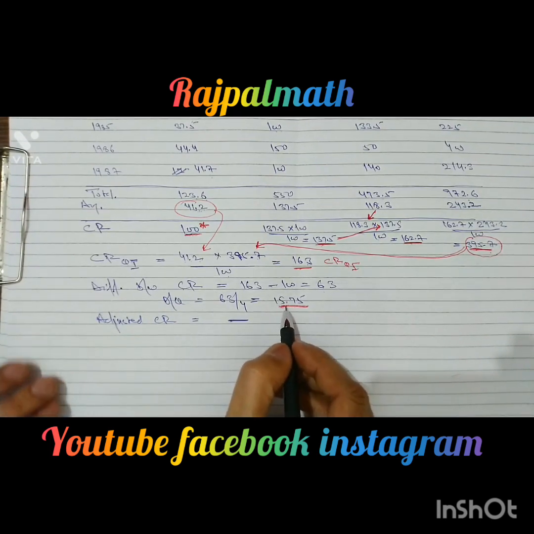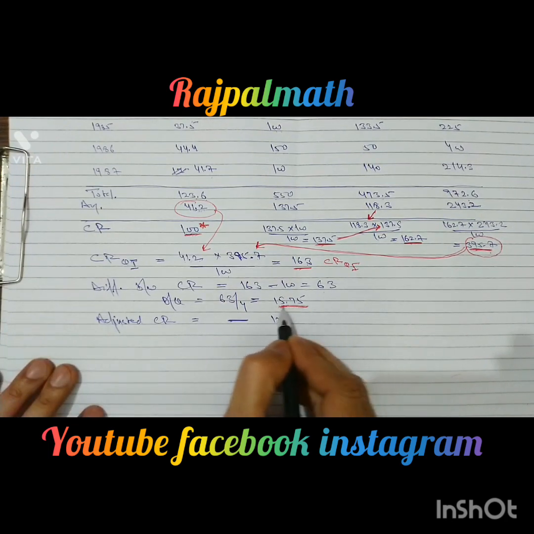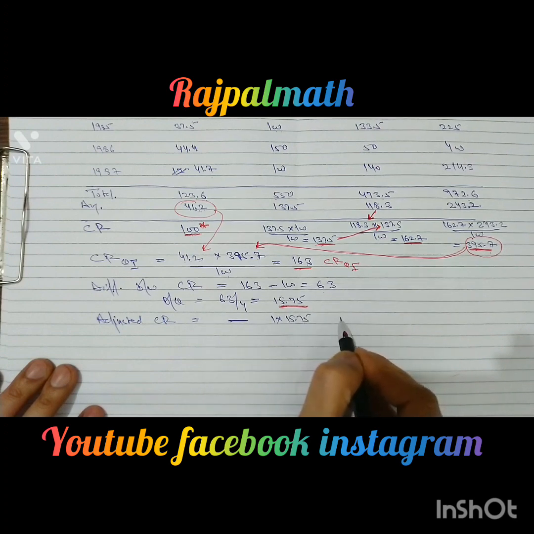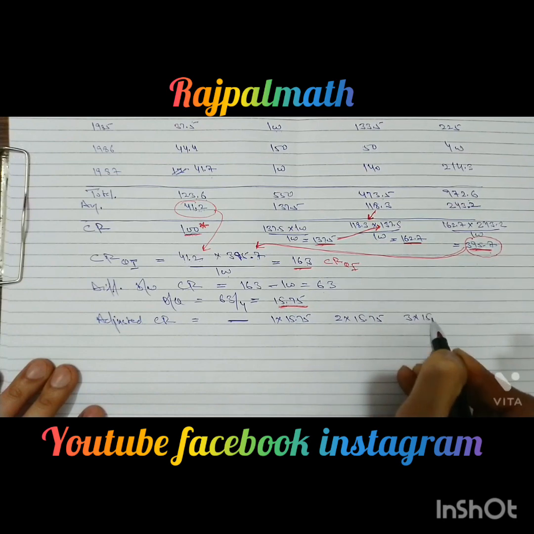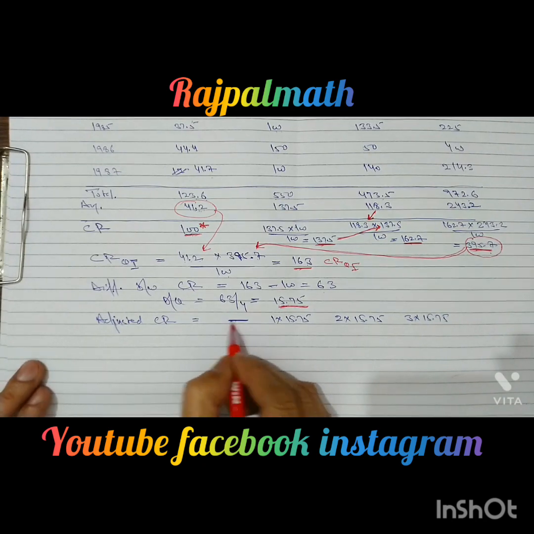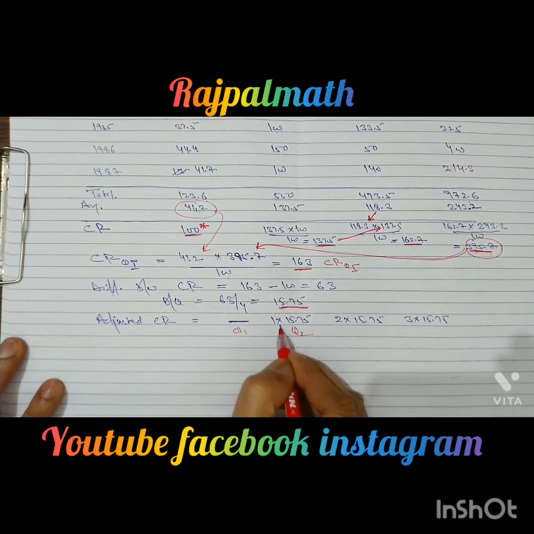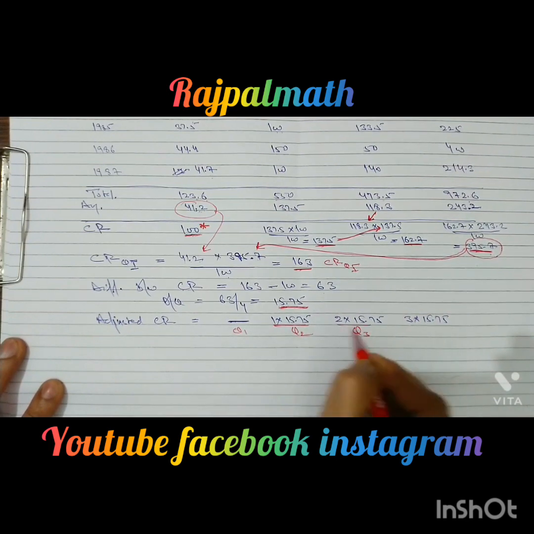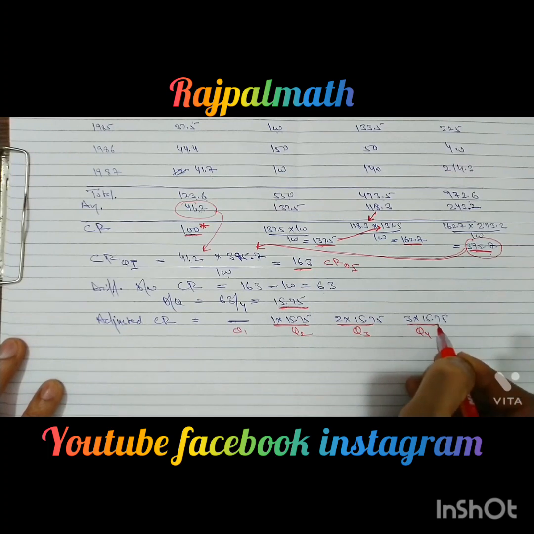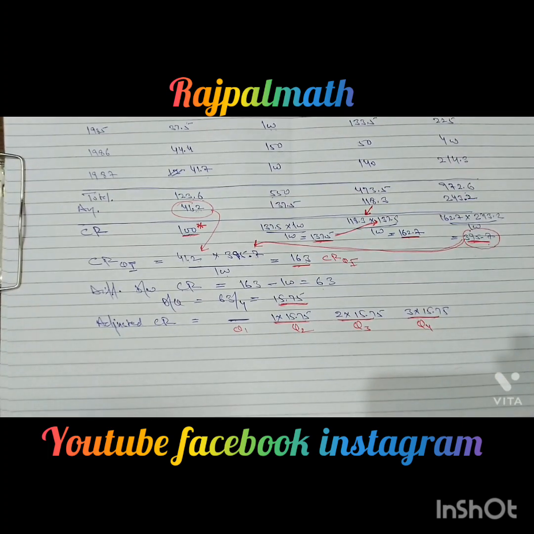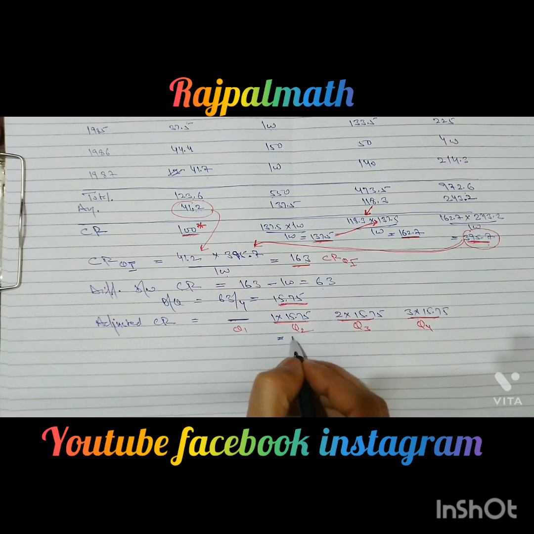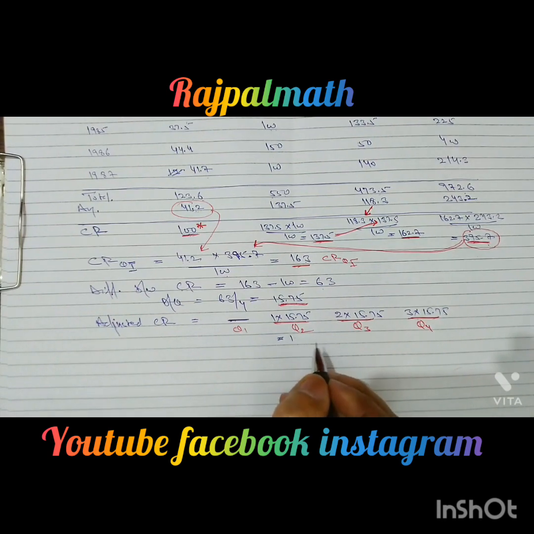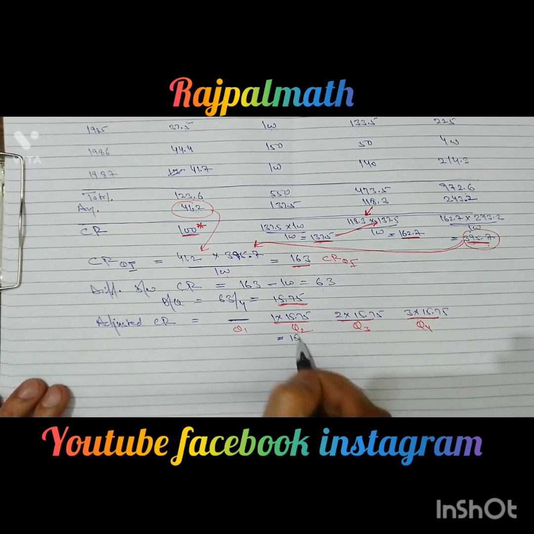Clear? As it is. For the second quarter, 1 into 15.75; for the third quarter, 2 into 15.75; for the fourth quarter, 3 into 15.75. 1 into 15.75 is 15.75.